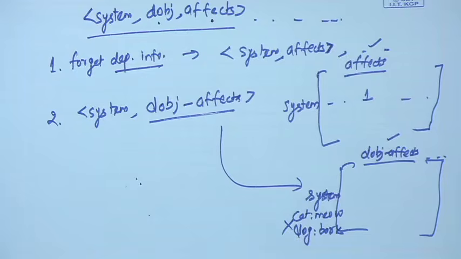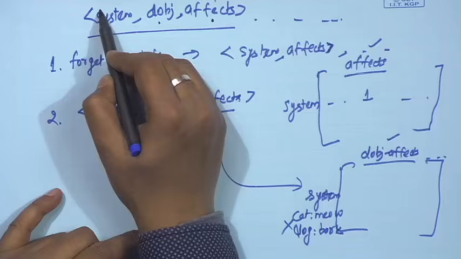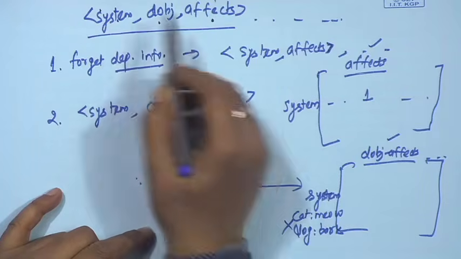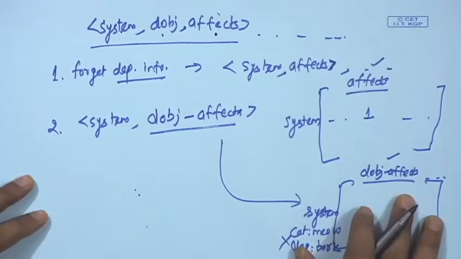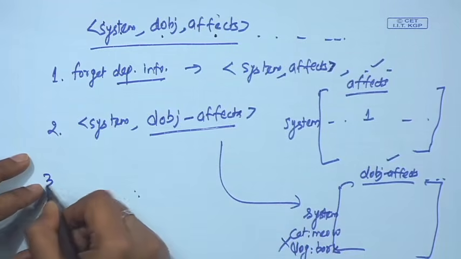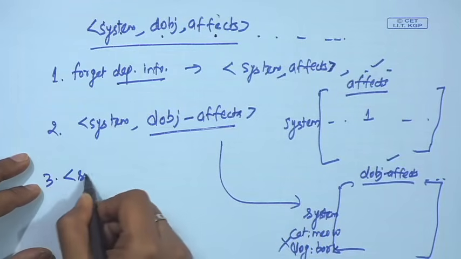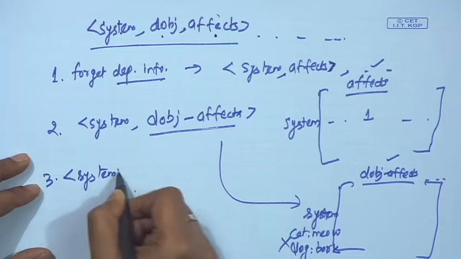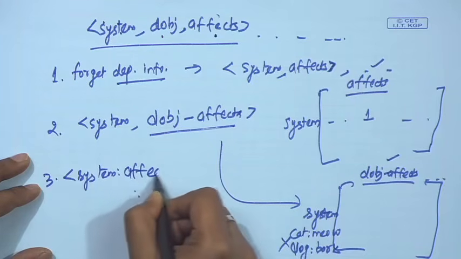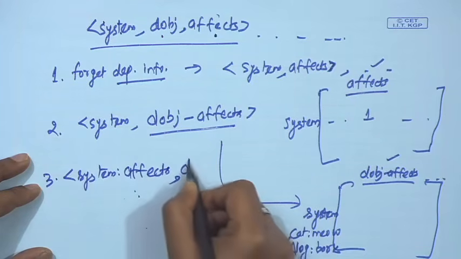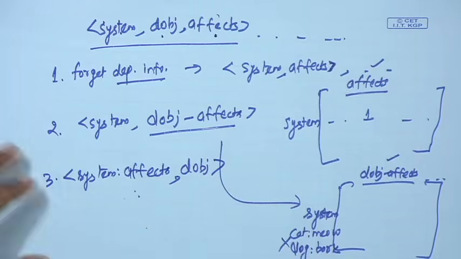Now what is some other sort of representation that you can gather? The third option would be that I combine these two in my rows: this becomes my target and this becomes my context. So system and affects come in my target, and direct object is my context.